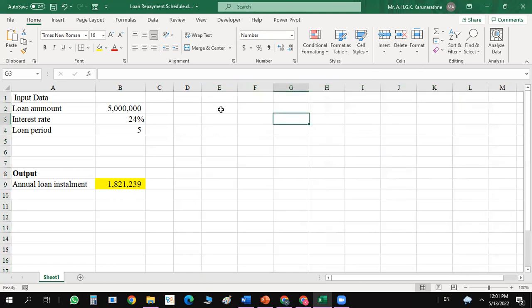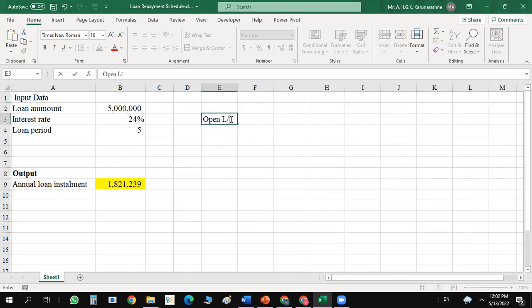Right. So what is the format of the loan repayment schedule? Can anyone tell me the format of the loan repayment schedule? First, let's take a normal format. Open loan balance.